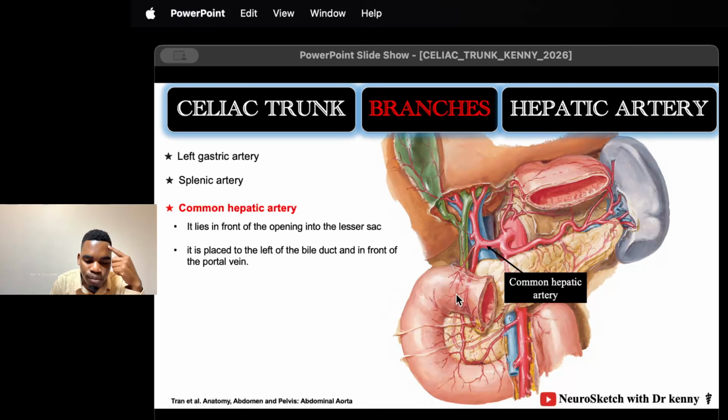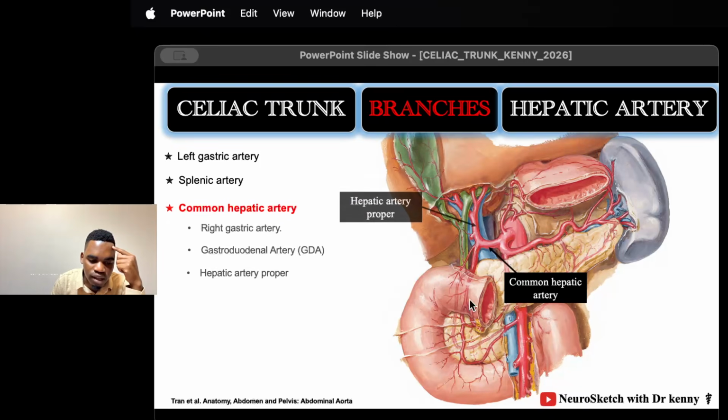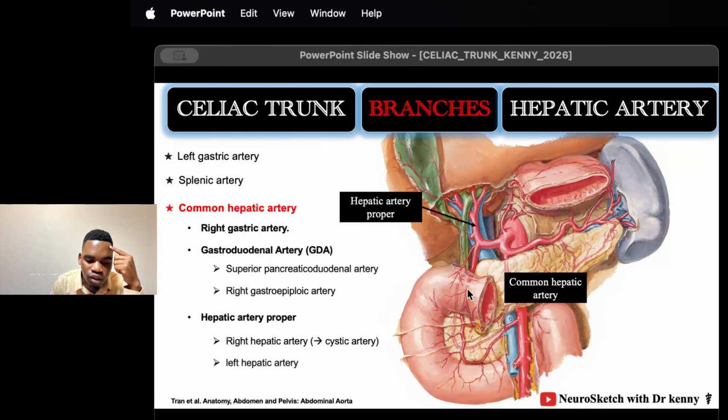It has the superior pancreaticoduodenal artery, and it also terminates by forming the right gastroomental or right gastroepiploic artery. The superior pancreaticoduodenal artery is going to supply the pancreas and the duodenum, because we've said that up to the second part of the duodenum is supplied by the celiac trunk.